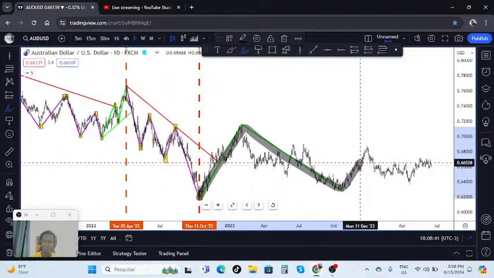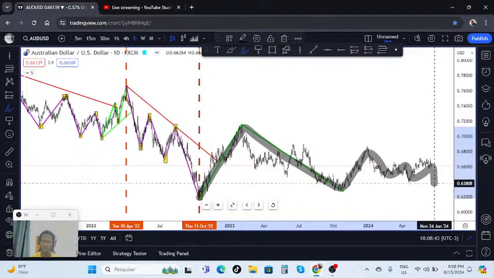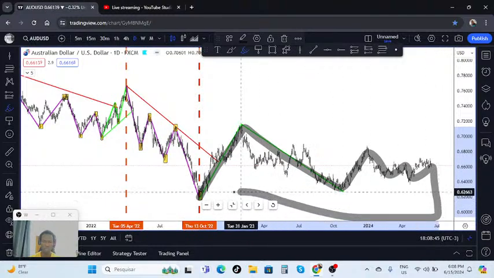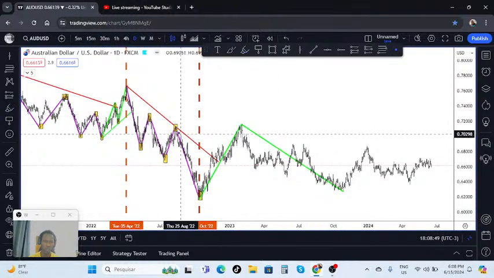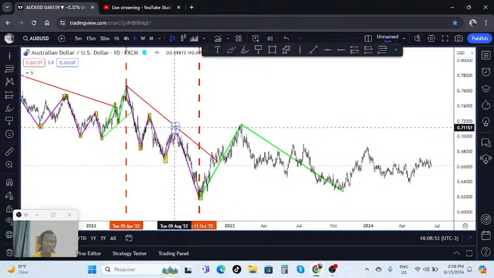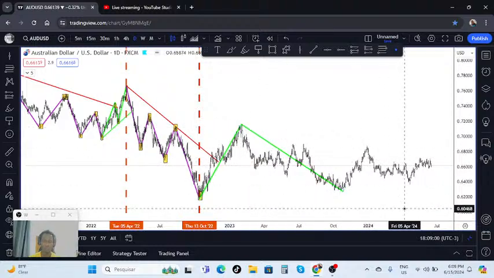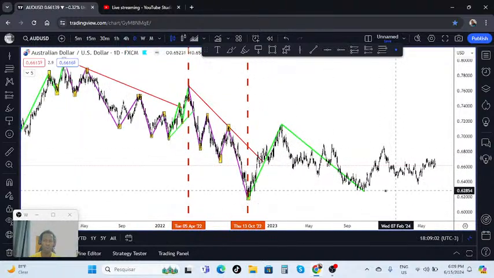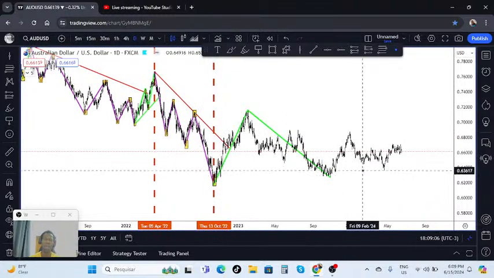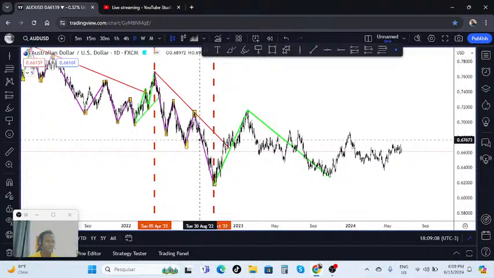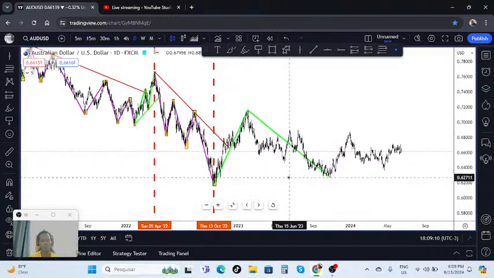Maybe the market is going to make a new low that's lower than this low. Then we can adjust this down market structure. We're going to take this high to be this high, and our market structure is going to be still down, not up. But right now, this is where we are, and we are no longer in a down market structure on the daily time frame.